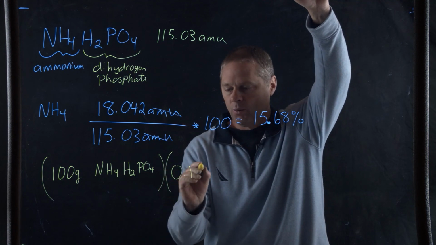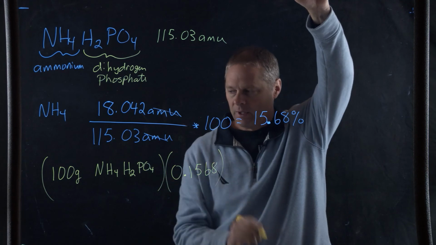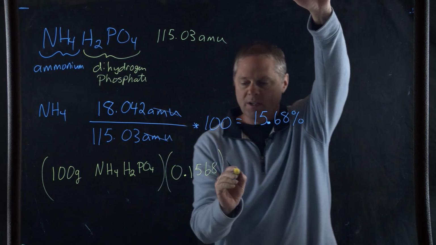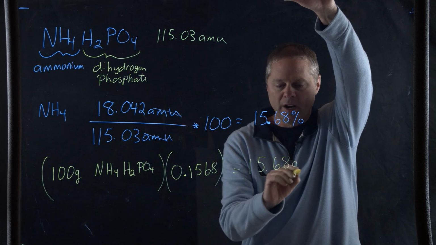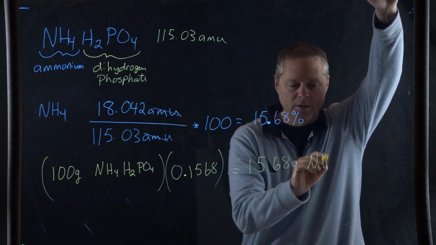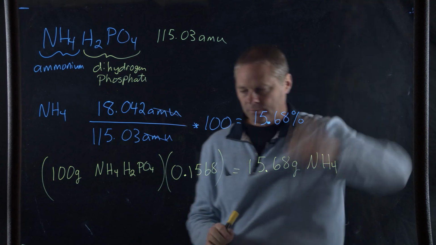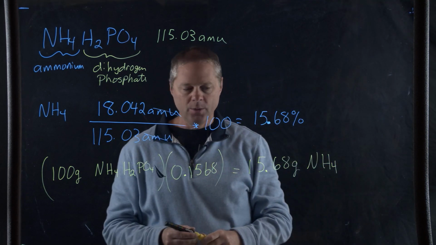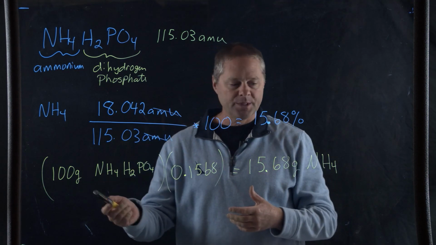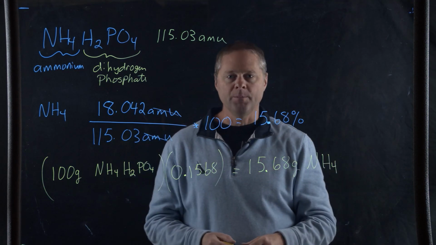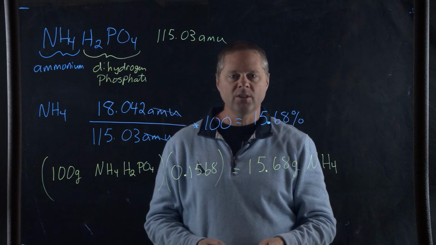So 0.1568 times 100 comes out to be 15.68 grams of the ammonium. So if we have a 100-gram sample, 15.68 grams of that sample is going to be ammonium. If you have any questions on this, on mass percentages or anything else, let me know.